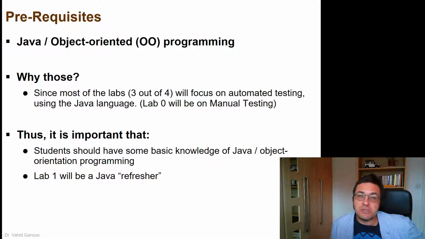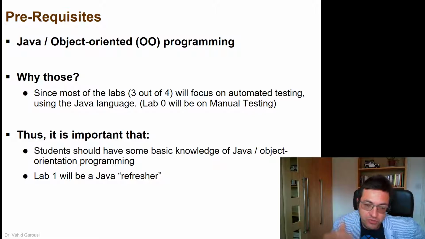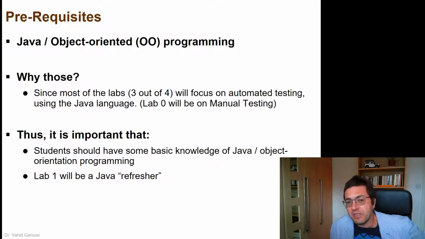You don't need to be experts in Java, but you need to have some basic understanding. And we will have a lab 1, which will do the Java refresher. So lab 1 will try to remind you or teach you some basics of Java. Lab 0 will be on manual testing, and there won't be any need for programming in lab 0. But from lab 1, there will be need for object-oriented programming.